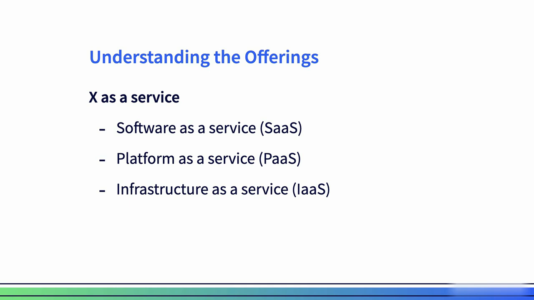Microsoft Azure also provides platform as a service. Now, platform as a service is the actual web services or web servers or database servers that are running in Azure. That's the platform. It's the platform on which you can deploy your applications. So let's say you have a custom application or a custom database that you want to deploy, and you don't want to manage the virtual machines. You don't want to manage the web servers.